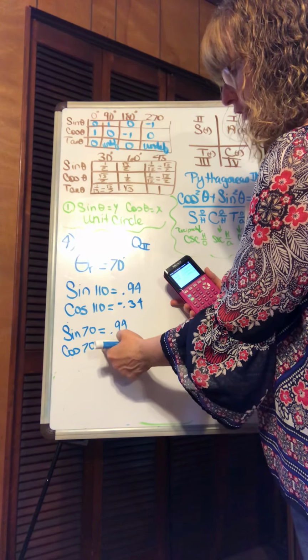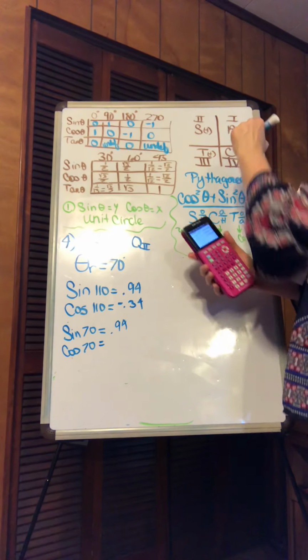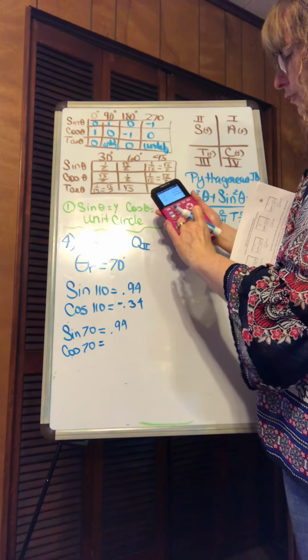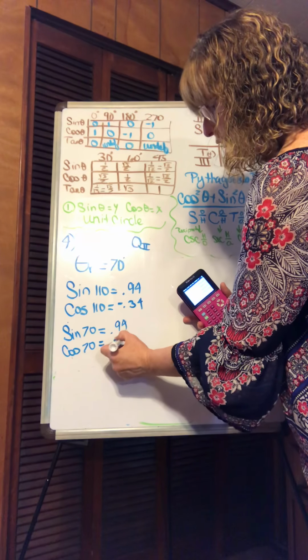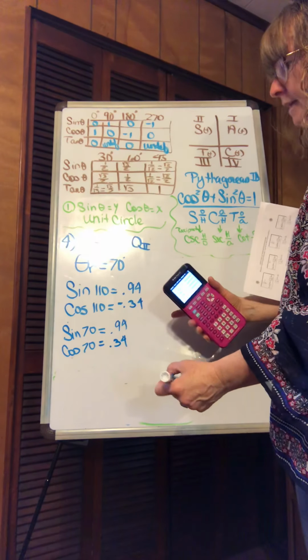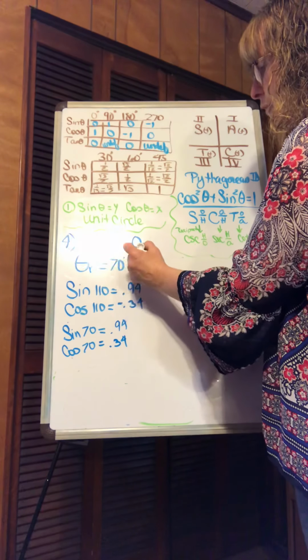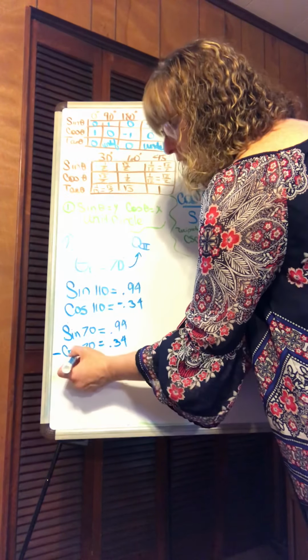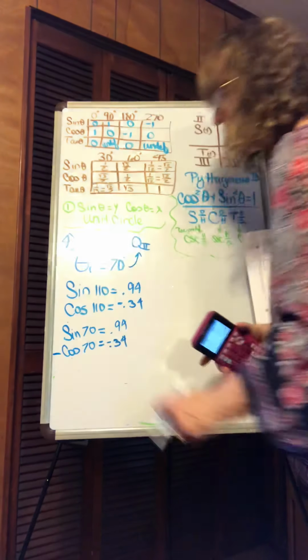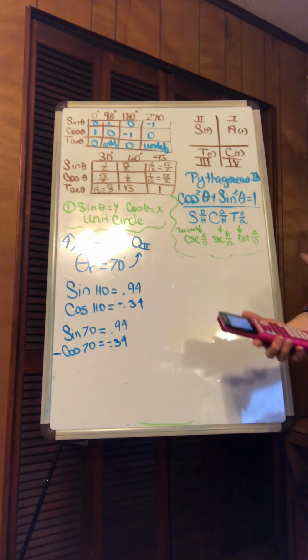Now cosine of just plain old 70 would be quadrant 1. If I typed in the cosine of 70, I get 0.34, which is positive. And then if I say to myself, okay, this reference angle is in quadrant 2, then I'm now negative cosine of 70, which would make me then negative 0.34.